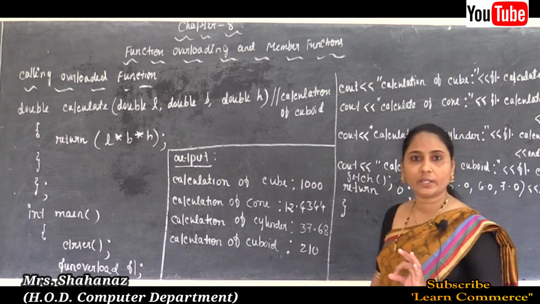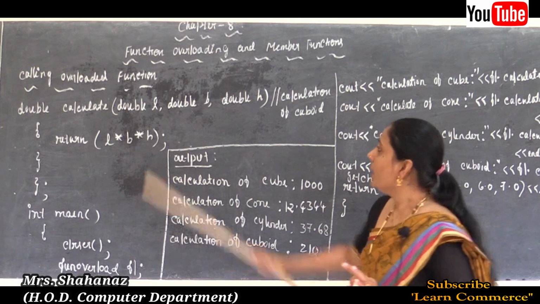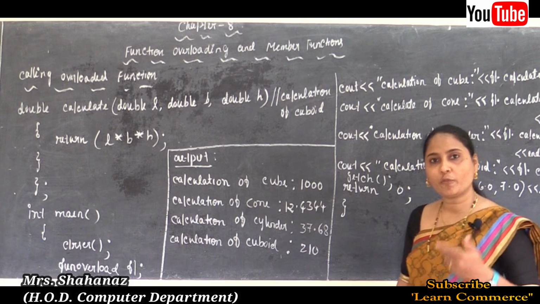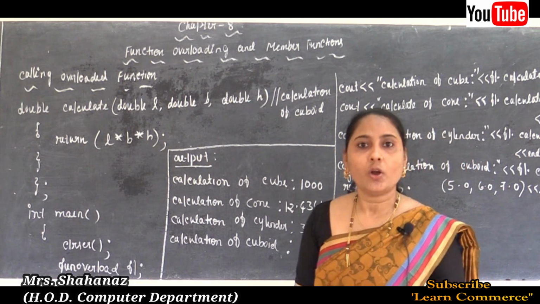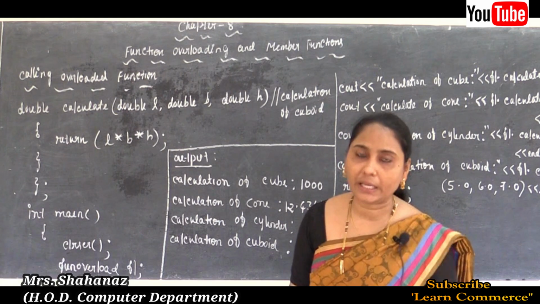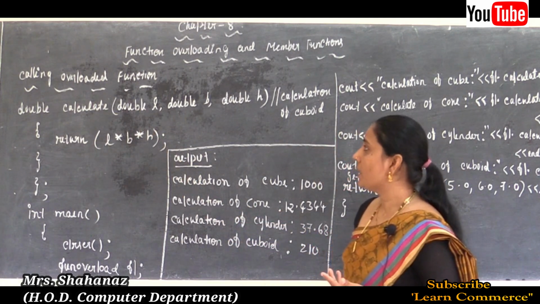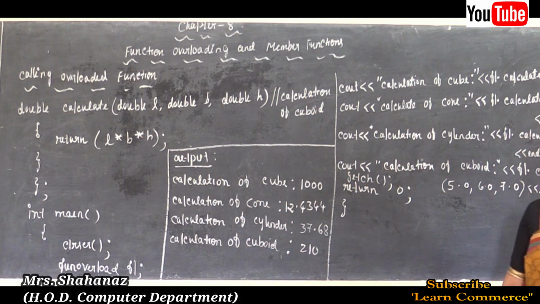All the functions have the same name but differ in the number of arguments, maybe some with 2 arguments, or some with 3 arguments, and different types of data types. And this one is the calculation of the cuboid.